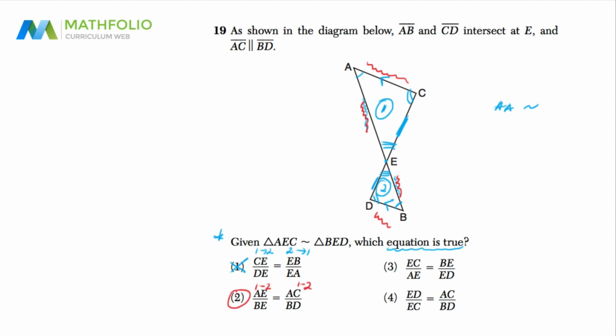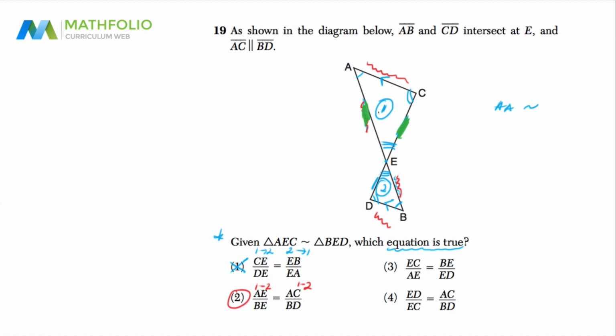Changing to green pen for this one for 3. It says EC, which is right here, matches with AE. Okay, well, now we're going two sides of the same triangle, which is possible. This is one way of thinking it through.